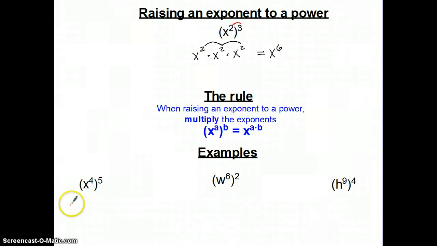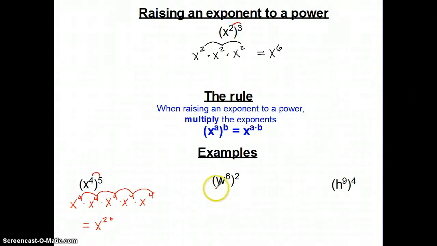What you can do is you can say, I have x to the 4th times x to the 4th times x to the 4th, 5 times. And now that you're multiplying 5 terms with the same base, you simply add the exponents. 4 plus 4 plus 4 plus 4 plus 4, well, that's x to the power of 20. That would be the same thing as simply multiplying these exponents.